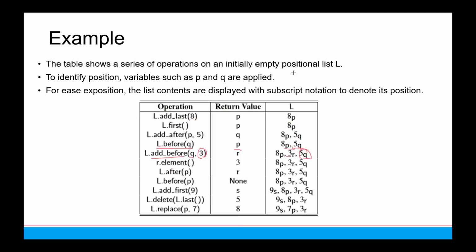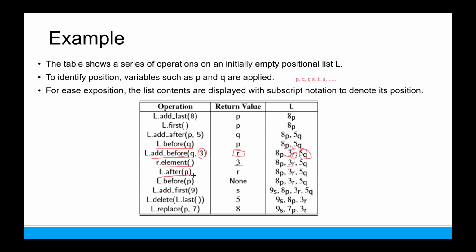As I mentioned to you, we will use P, Q, R, S, T, U, and so on. Then the next position is R. Once we add before Q, then we will return R. We want to check the position R and what is the element at position R. Then it is 3.